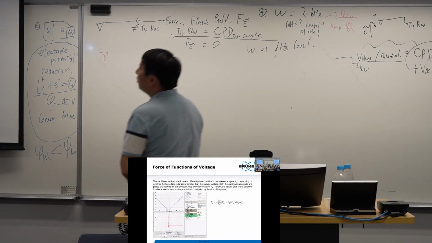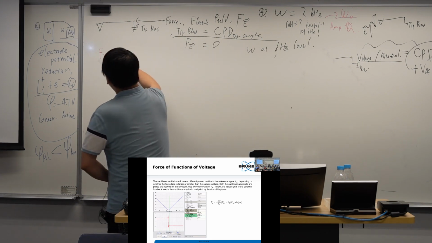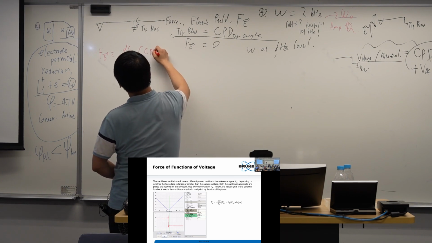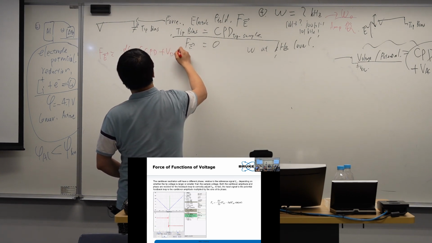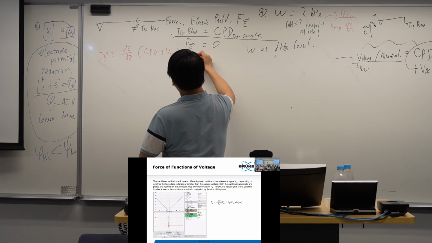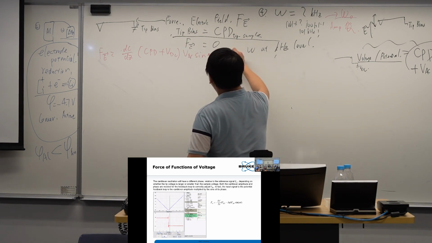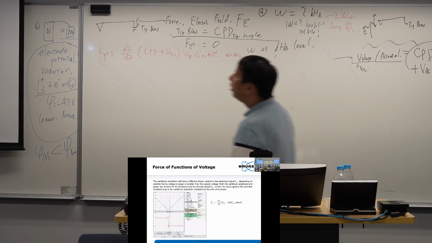My electric field force is dC/dz times (CPD plus VDC) times VAC sin(omega t). To make it easy, omega equals omega 0.